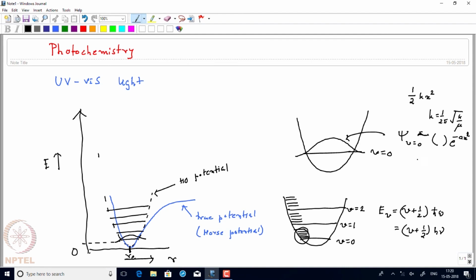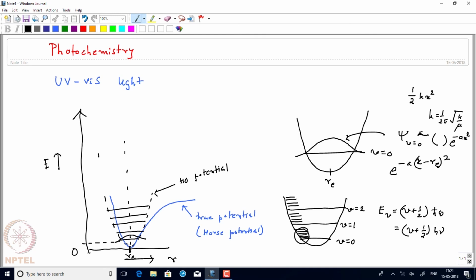To be more precise, it will be e to the power minus a times (x minus r equilibrium) square. So r equilibrium is the center; the Gaussian is centered around the equilibrium position, and this is basically the wave function.